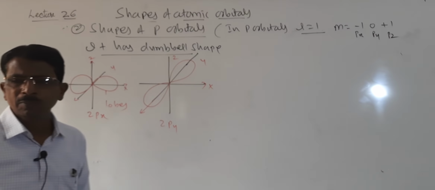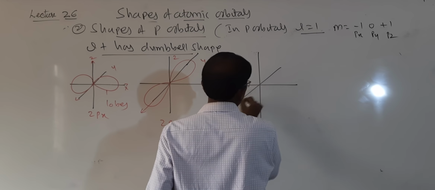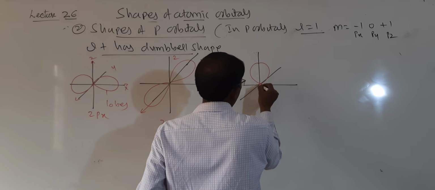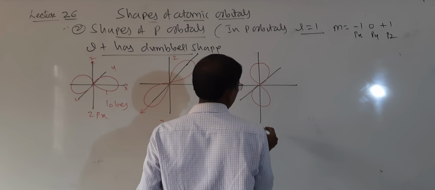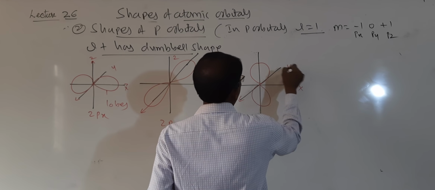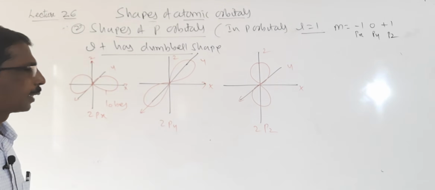Look here. So these two are called loops. And the third one is like this. It is pz, x, y, z. Look here. These are the shapes here.